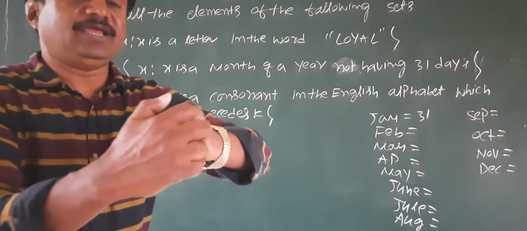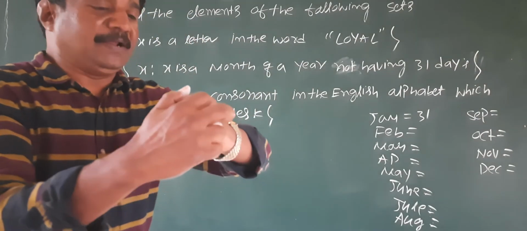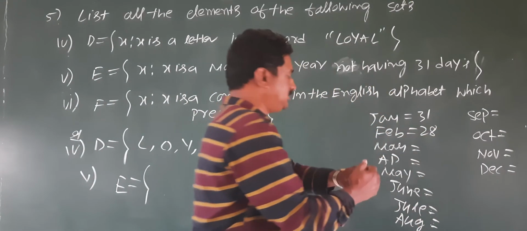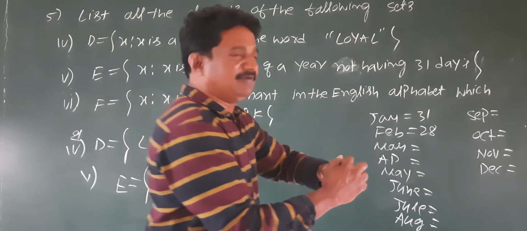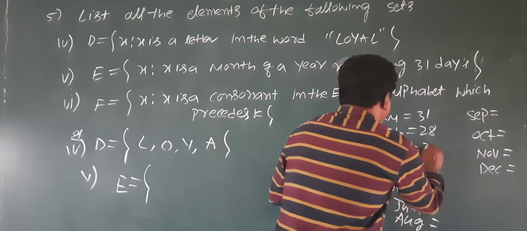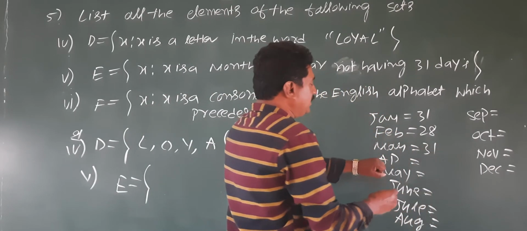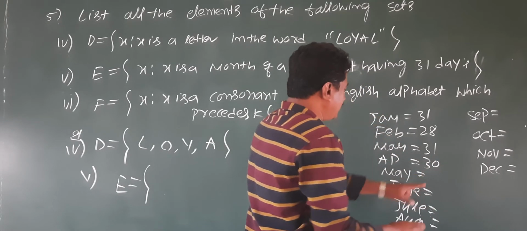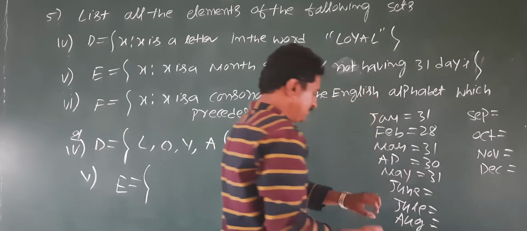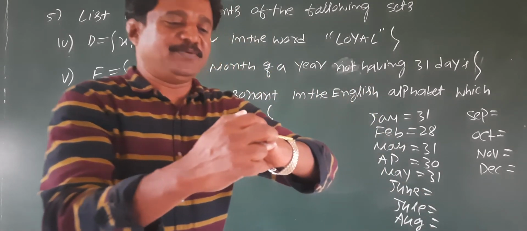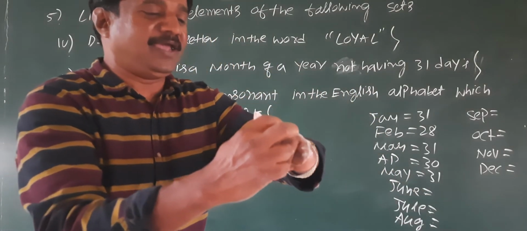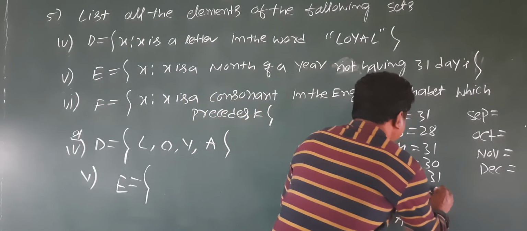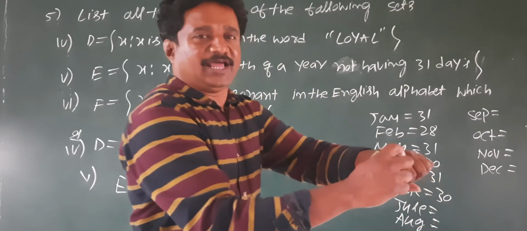January 31 days, February 28 days, March 31 days, April 30 days, May 31 days, June 30 days.